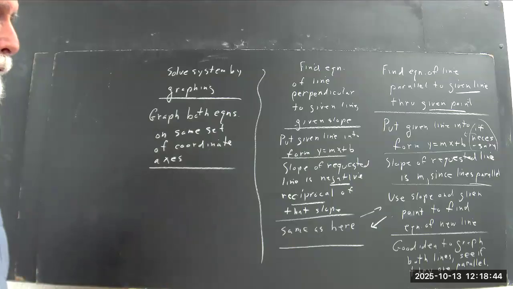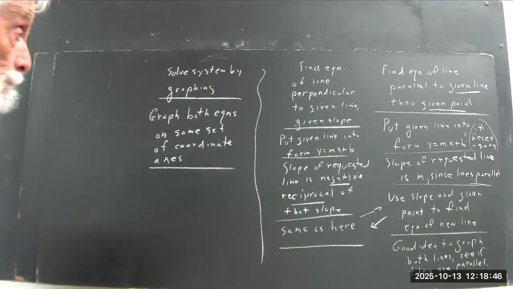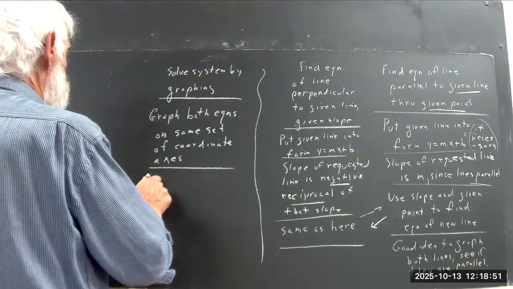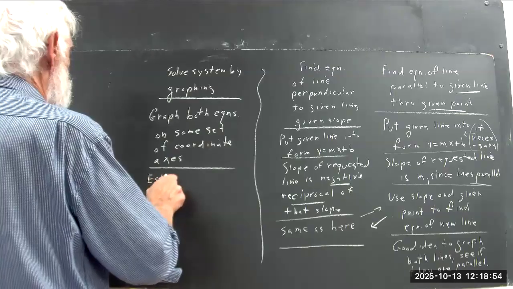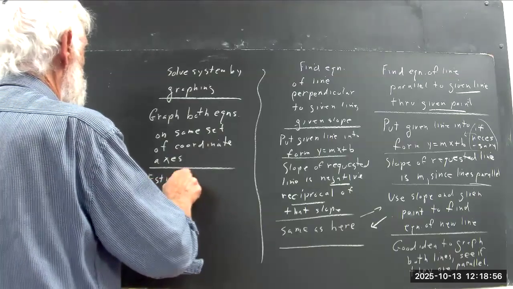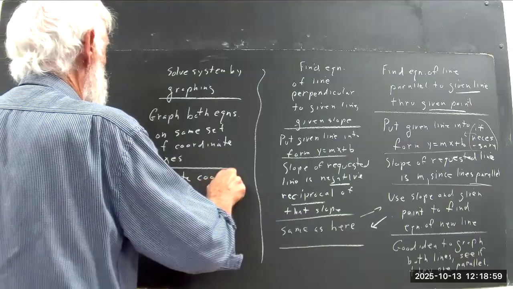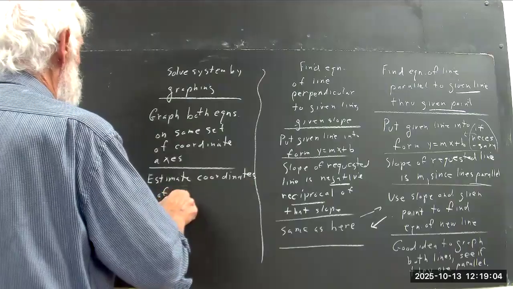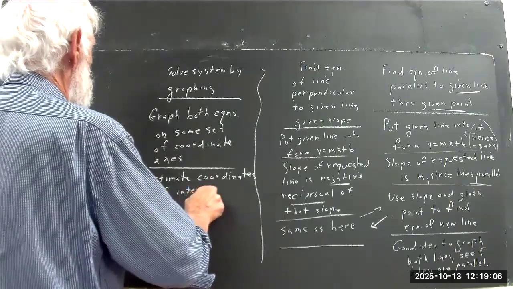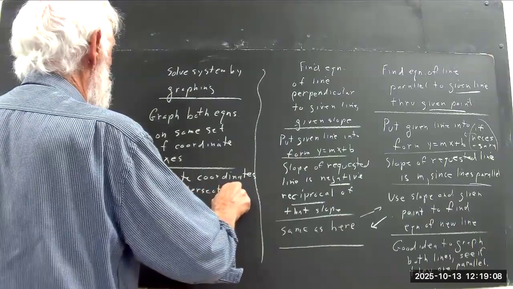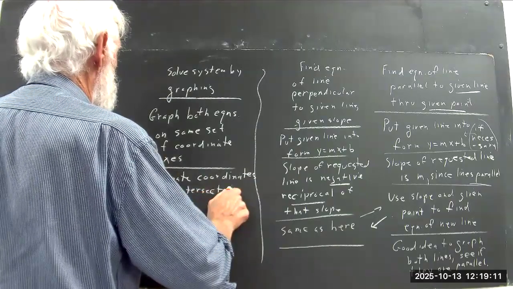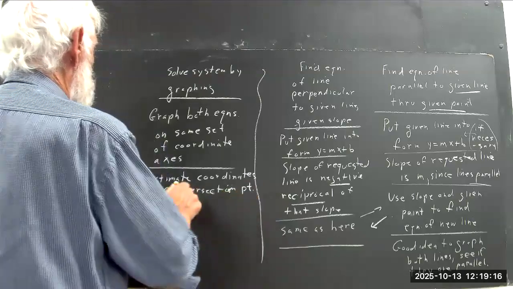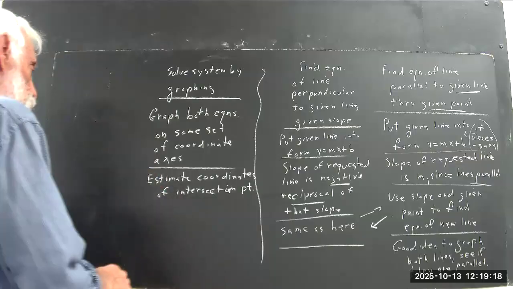You want to graph both equations on the same set of coordinate axes. Estimate the coordinates of the intersection point.